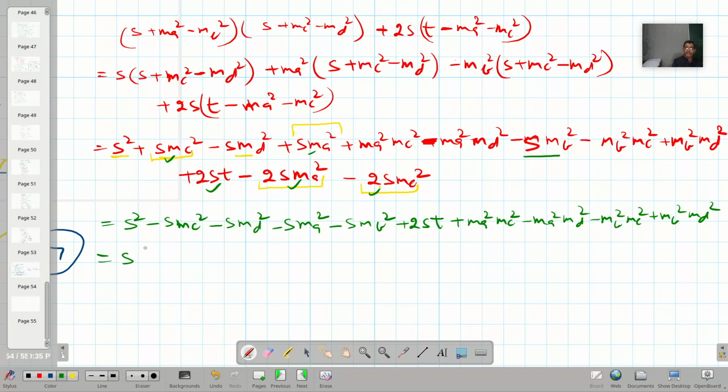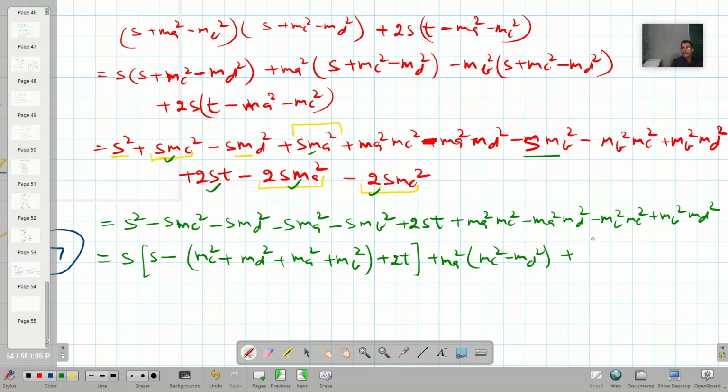So if I take s common, inside it will be s minus m_c square, m_d square, m_a square, m_b square, and if I take minus, because every term will be negative, inside it will be a positive sign, plus 2t, and plus m_a square can be taken outside to m_c square minus m_d square, and then minus m_b square can be taken outside from these two terms, so inside it will be m_c square and here it is m_d square. So they can be put together as a factor.